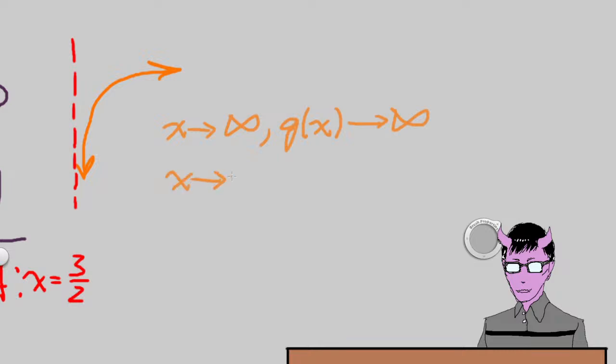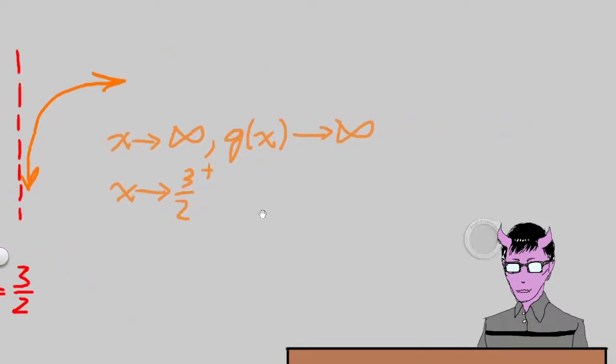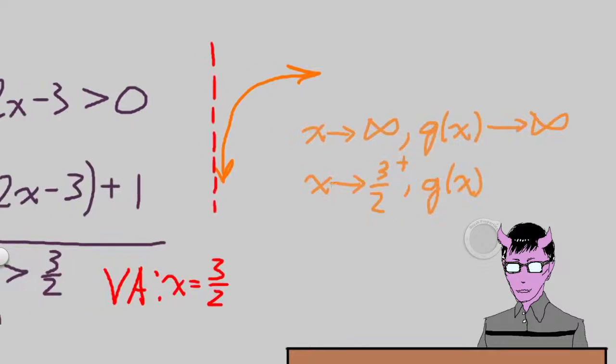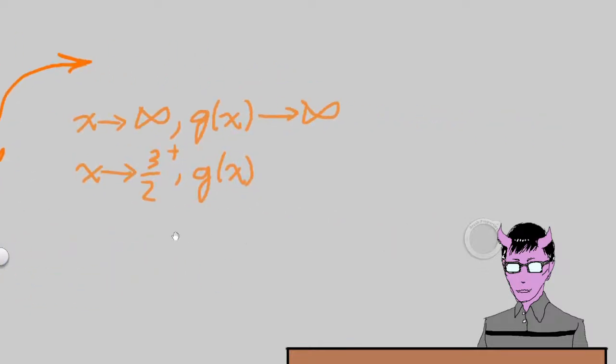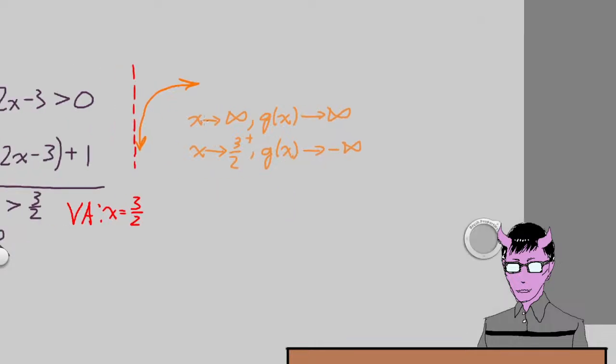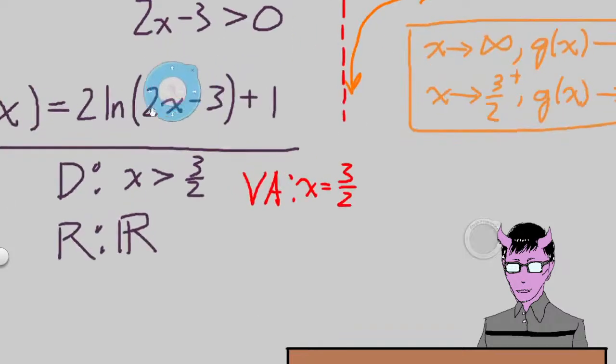As x approaches the wall, which is 3/2, how are we approaching the wall? From the positive side, so it's going to be plus. Then the y values explode downwards. So we have the end behaviors down. Now we just need to grab the anchor points.